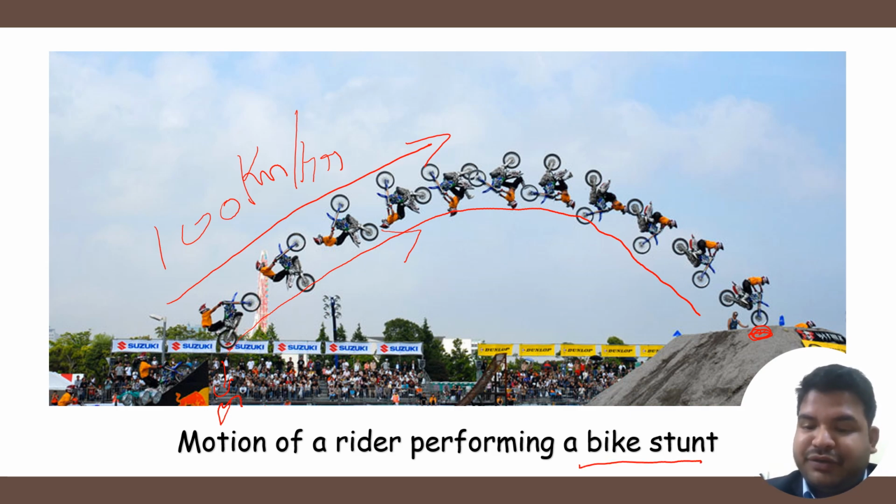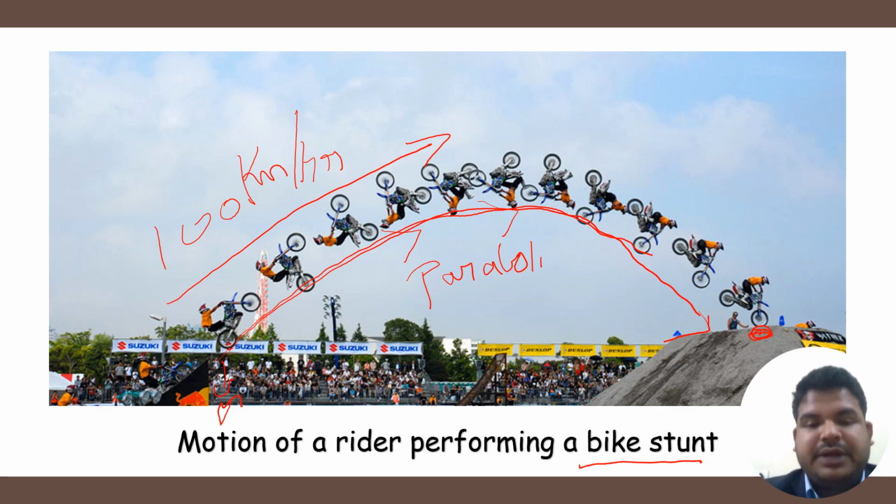Don't focus on the bike stunt, see the path traced by the biker. In a 2D plane, you will see the path of the biker. It will be a parabola. Normally it is in space, so here we can also trace the path of a biker. It is a parabola. Are you getting my point?